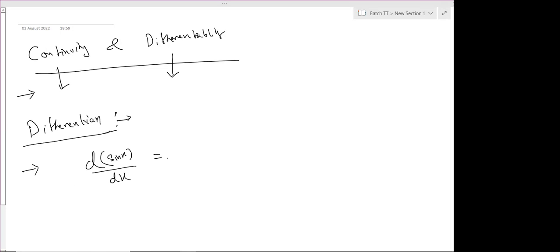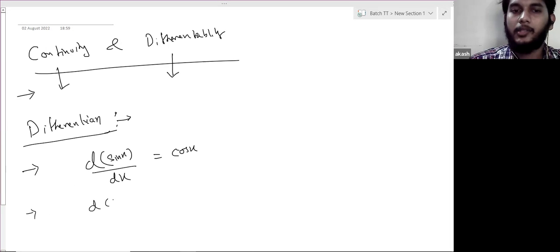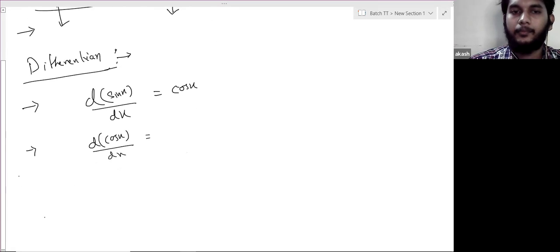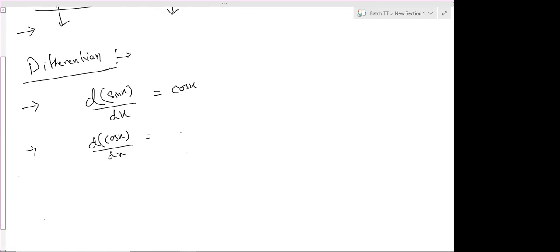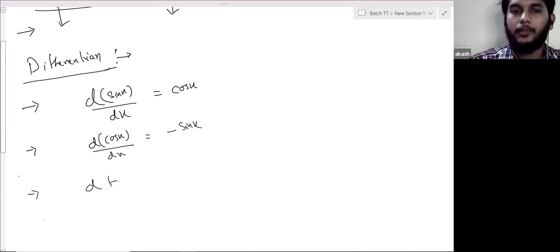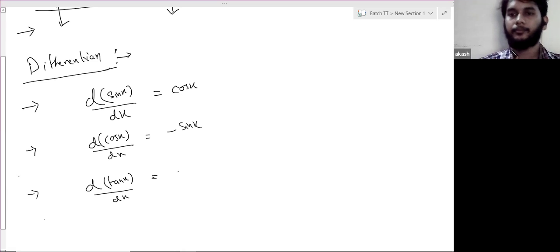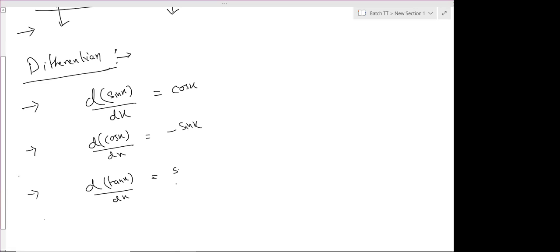Cos x. What is the differentiation of cos x? Minus sin x. Differentiation of tan x? So secant minus tan.